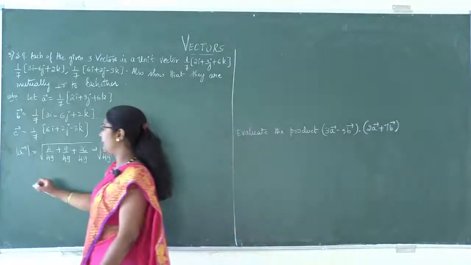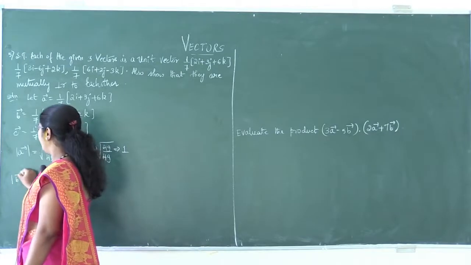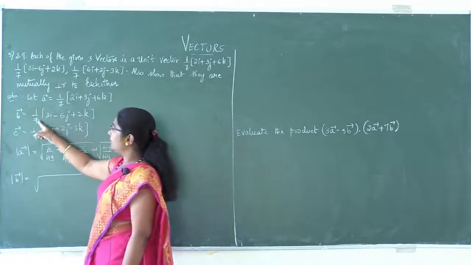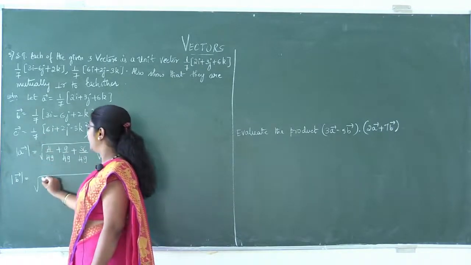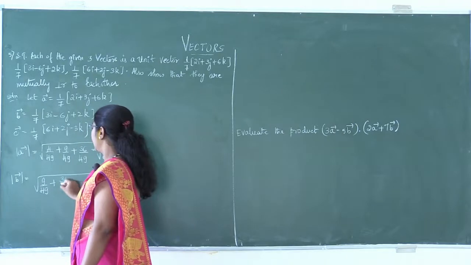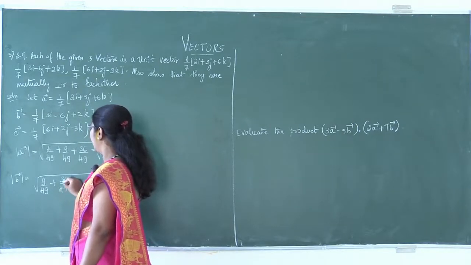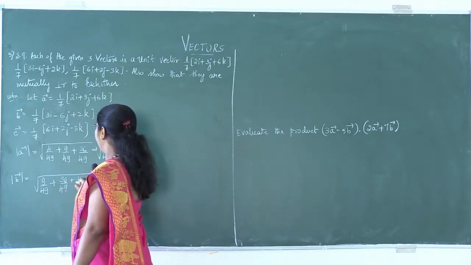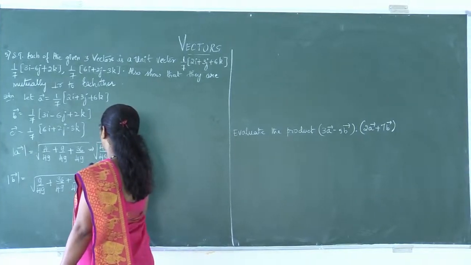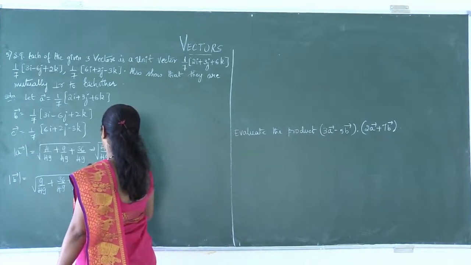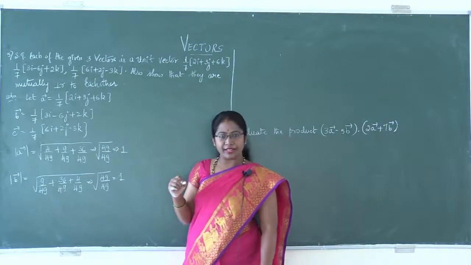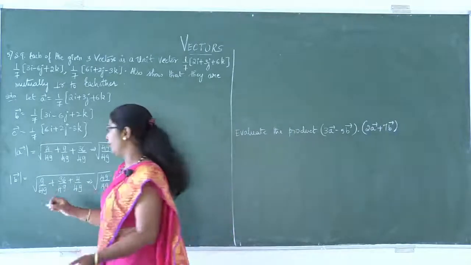Similarly, we shall find the magnitude of vector B in the same way. Magnitude of vector B, again 3 by 7, when you square it can be written as 9 by 49 plus 36 by 49 plus 4 by 49. This will sum up to root 49 divided by root 49, which is equal to 1. This is all about magnitude of vector B. Considering magnitude of vector C now.